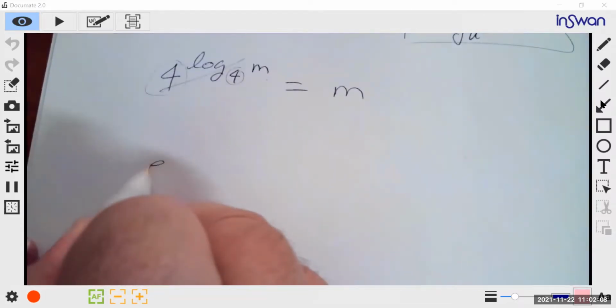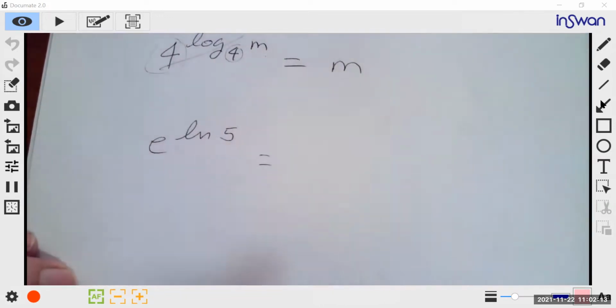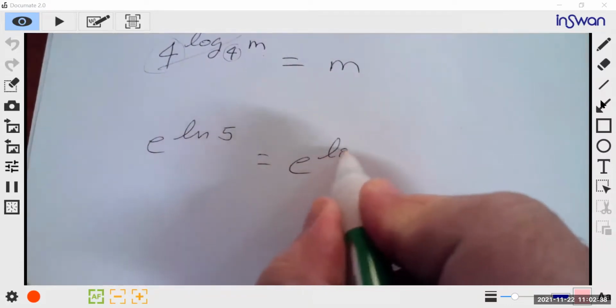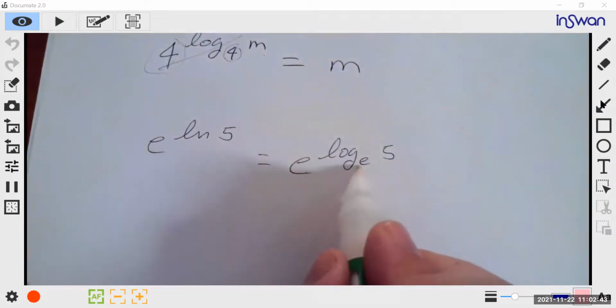It also works with E. Remember, ln is log base E. So the bases are the same.